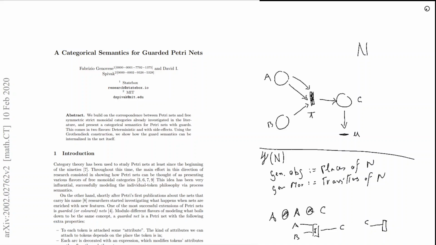So basically every morphism in F of N, the free symmetric strict monoidal category, will represent a way of starting with some tokens and moving them around and getting something else in the end.